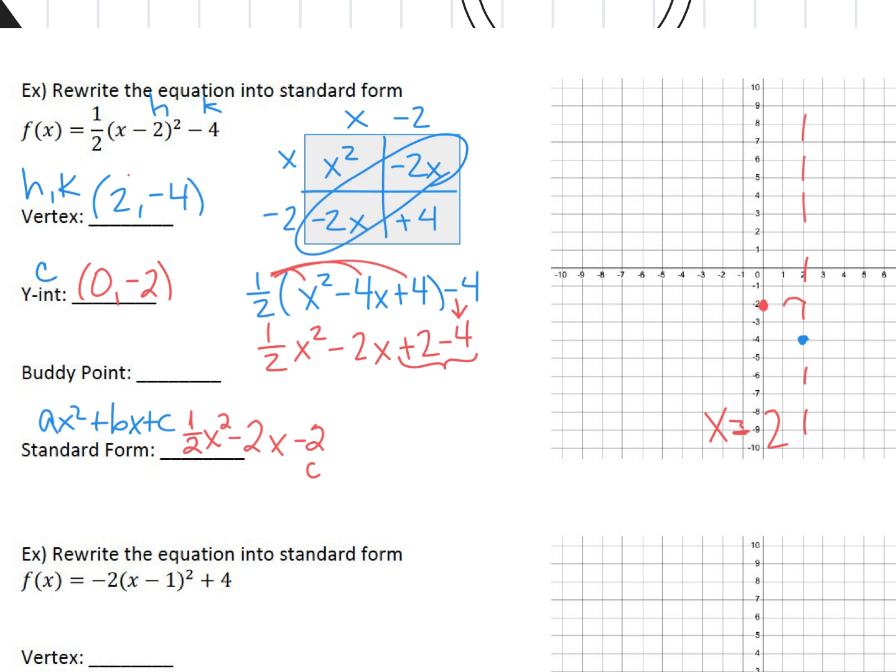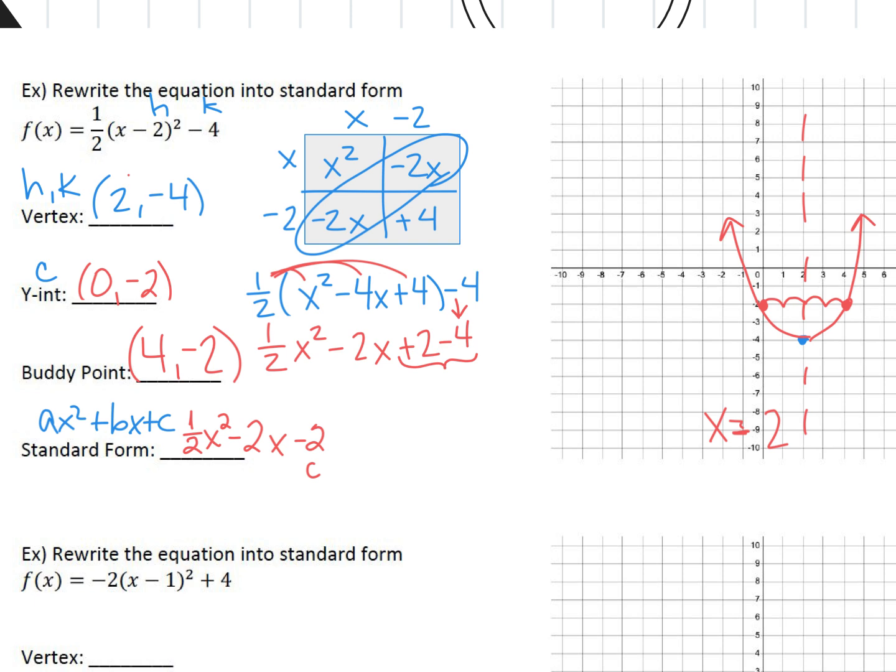How far away is this from my axis of symmetry? 2 to the left. So I need to go 2 to the right. So what is that buddy point going to be? 4, negative 2. And you should notice that on that buddy point, those y's are going to match. We said earlier it's going to open up. There you go.